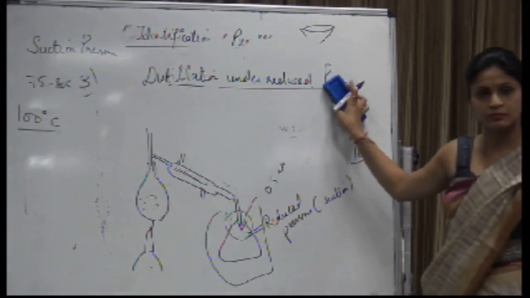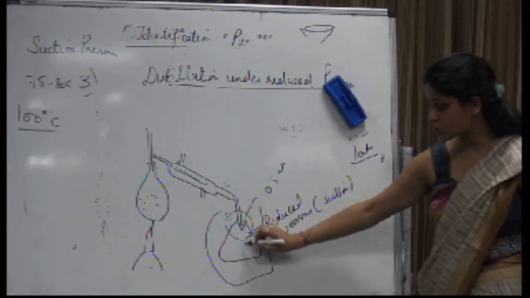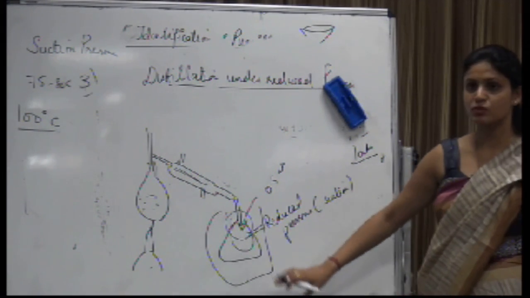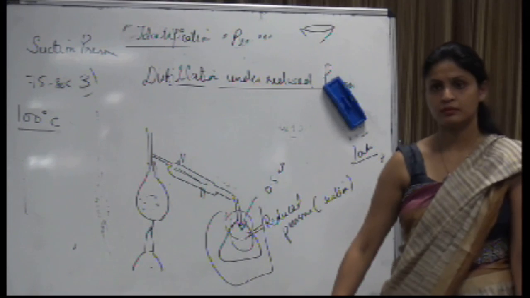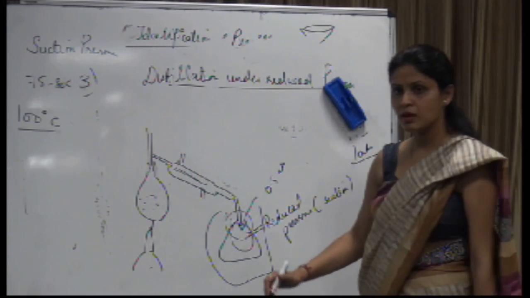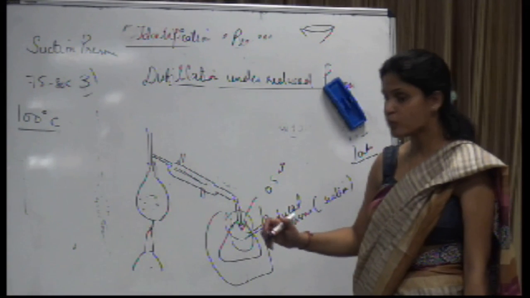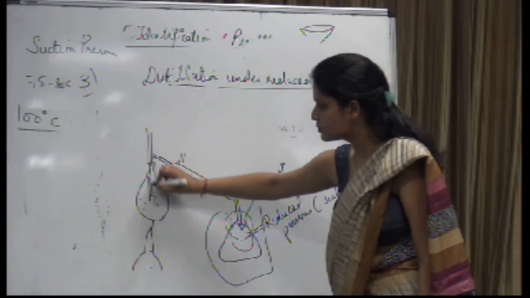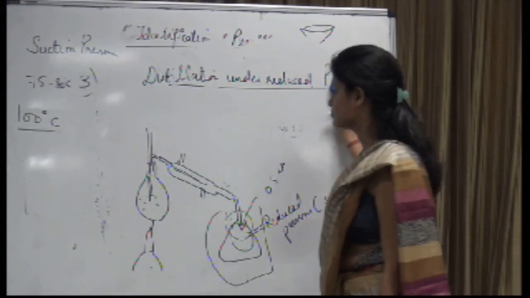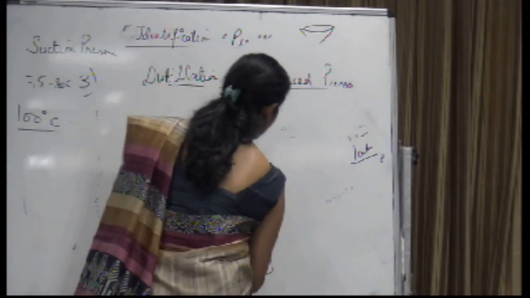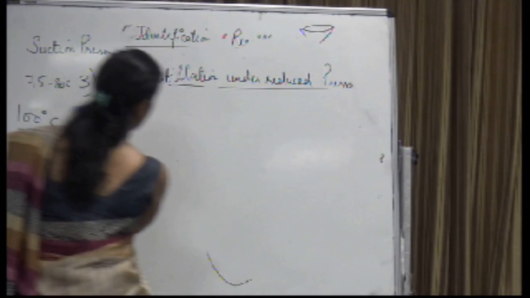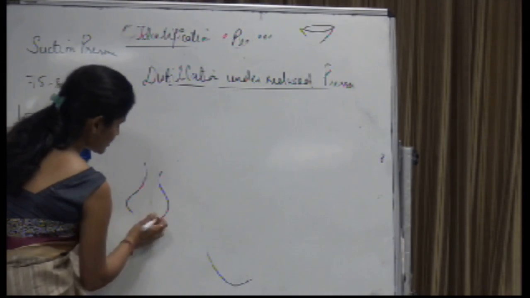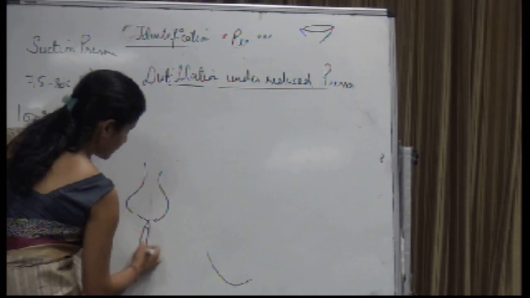The reduced pressure was here only, in this flask only. How is this reducing the boiling point? Just suppose the liquid has started boiling. Actually, they have not started boiling till now.